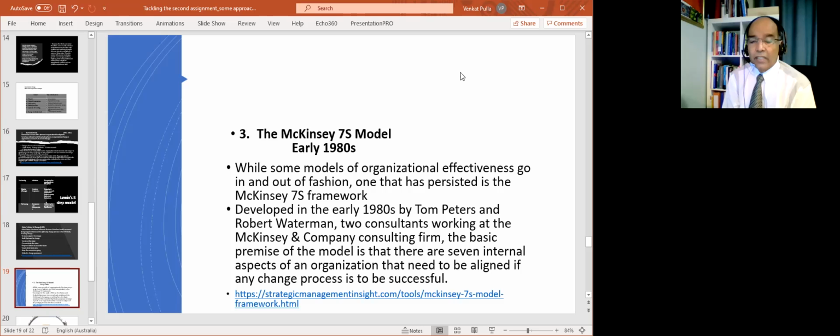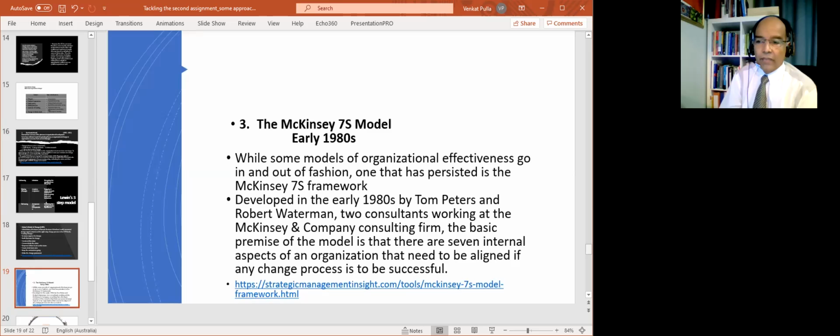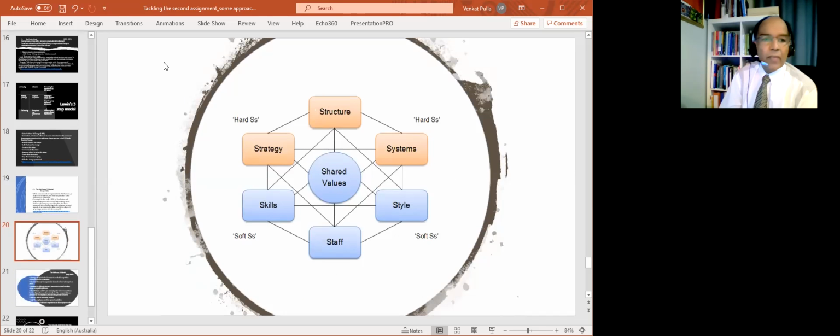This was developed in the early 1980s by Tom Peters and his colleague Robert Waterman, two consultants who worked with this management company. And there is a reference out there, I've given the reference there. You can see it. And we will look at this model.